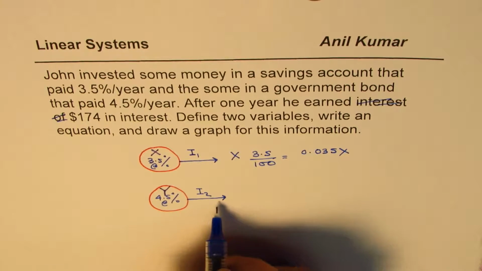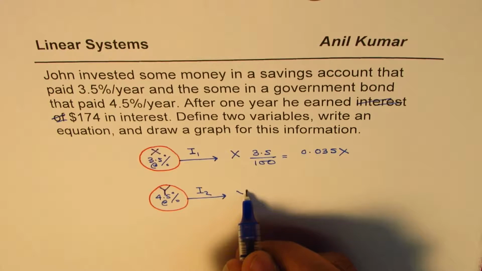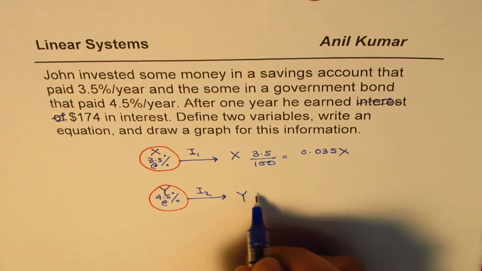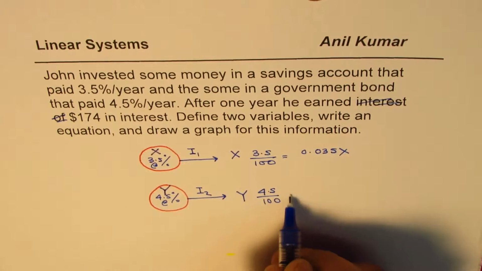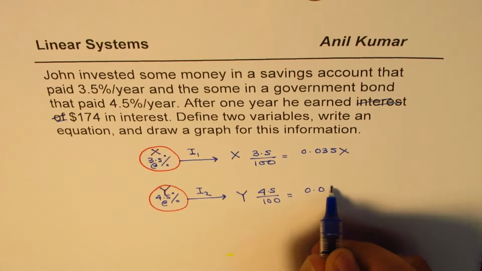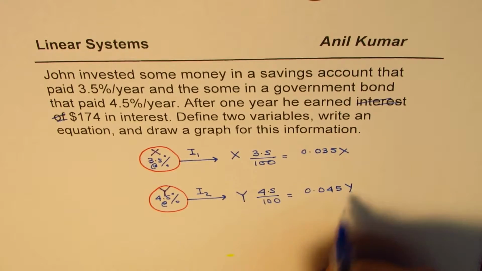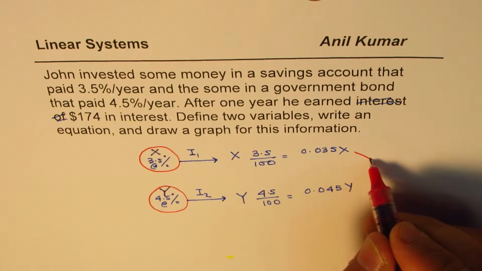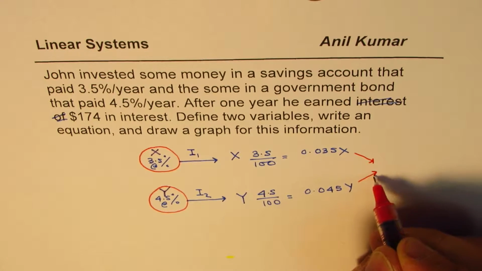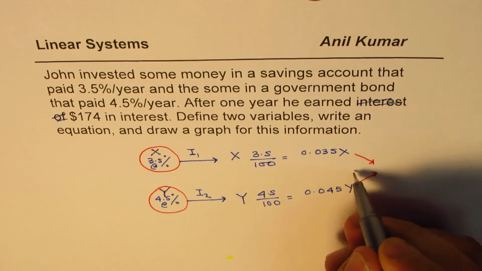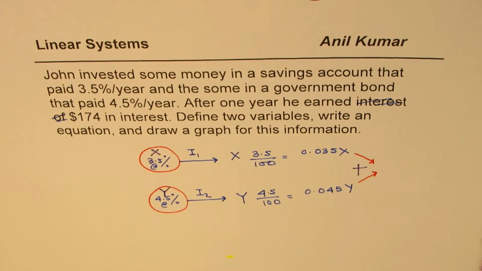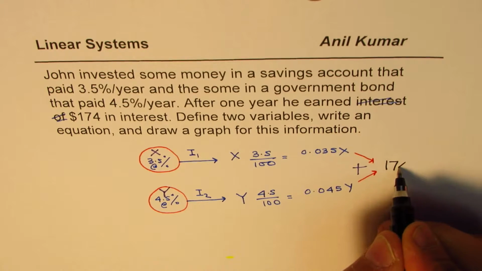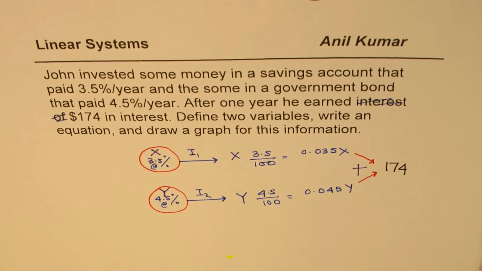And here the interest earned will be the amount invested times the interest rate, 4.5%, divided by 100, so that is 0.045y. Now what we know here is that when you add these two, you get a total amount of $174. So that is the kind of equation, right?